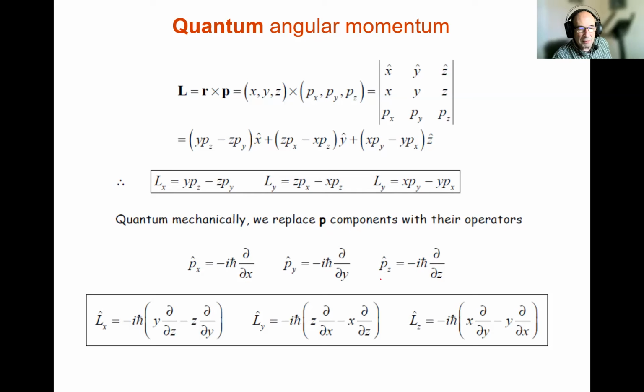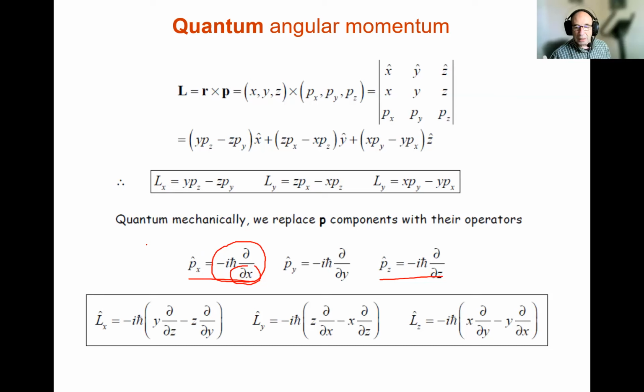The way momentum is represented in quantum mechanics is this equation here. For example, for momentum in the x direction, we have a partial derivative in that direction multiplied by this complex number and Planck's constant divided by 2 pi. So this is how we introduce an operator instead of momentum.